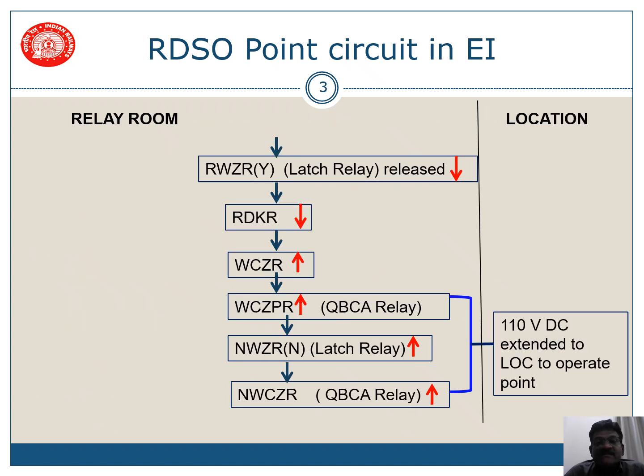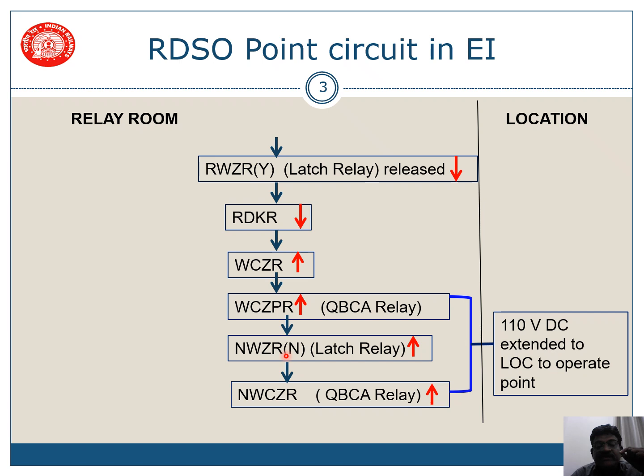Once these relays are picked up, what is the chronology of the relays that happens? Here RWZR, which is a latched relay, gets released. After that RDKR is dropped. WCZR relay picks up. After the WCZR, WCZPR, this is a QBCA relay which is used in sending 110 volts DC to location, picks up.